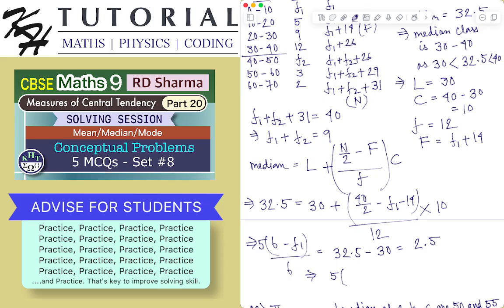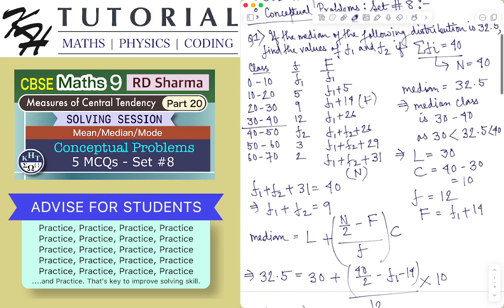Doing cross multiplication, we get 5 multiplied by 6 minus f1 is equal to 2.5 multiplied by 6, which is 15. This implies 6 minus f1 is 3, so f1 is 9. If f1 is 9, f2 has to be 0.